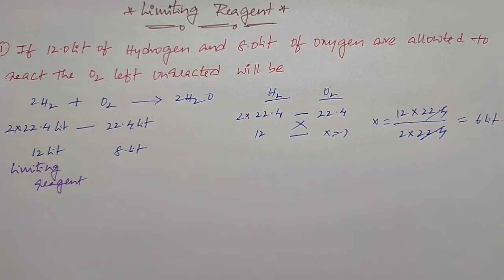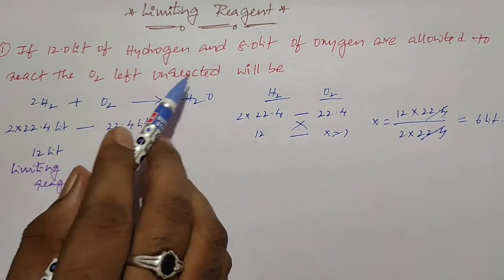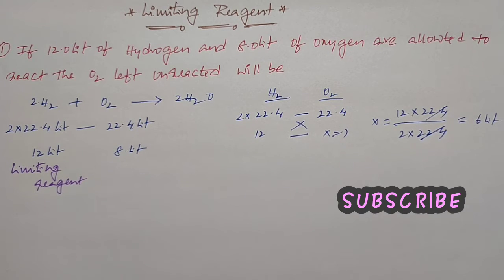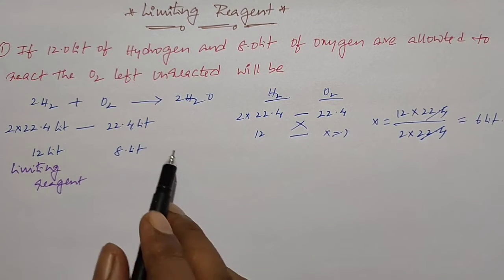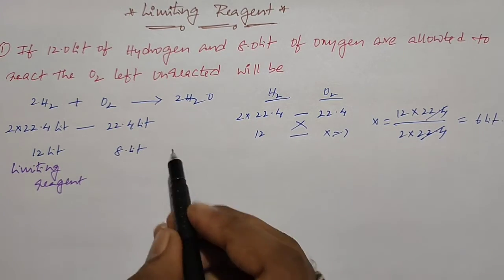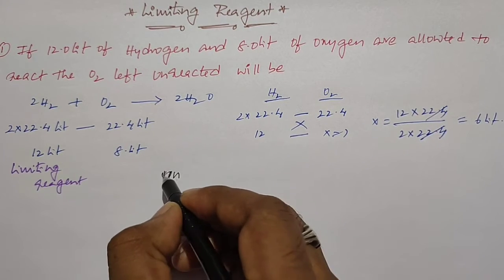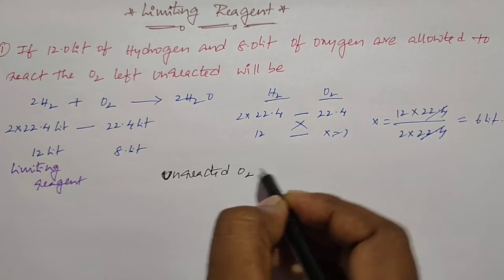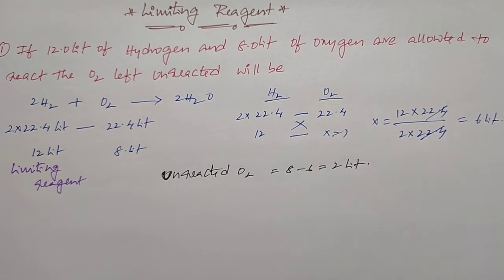What they are asking is the O2 left unreacted. The given volume of oxygen is 8 liters, but the volume of oxygen consumed in the reaction is 6 liters. So unreacted O2 is equal to 8 minus 6, that is equal to 2 liters.